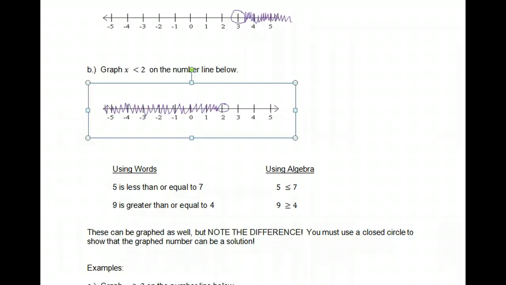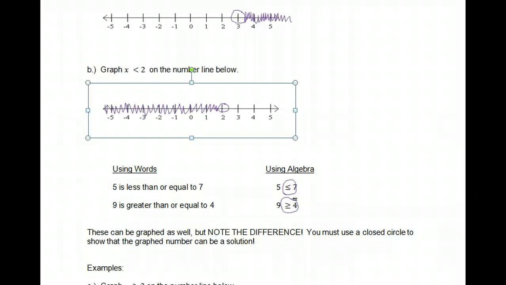So in a situation like this, we use the is less than or equal to symbol, or the is greater than or equal to symbol. When you see these symbols, that tells you that you can include your boundary number in your solution set.